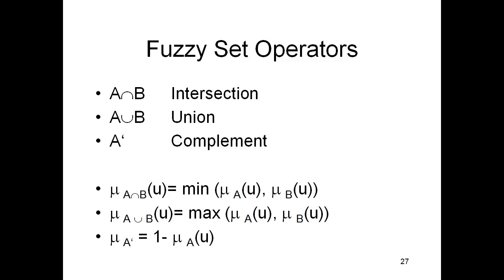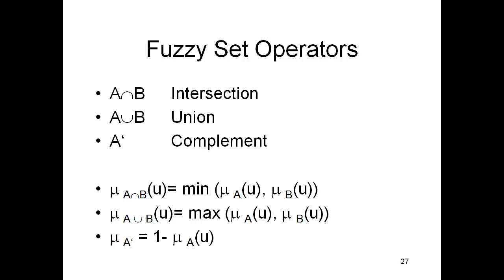We have intersection, union, and we have not, always a complement. And now we can define ways: what is the membership function for an object not only in one fuzzy set A, like cheap, or B, mid-price? What is it for the intersection or the union? There are different ways to define that.